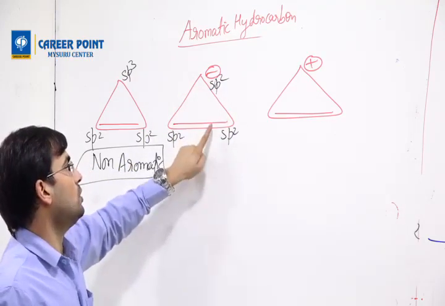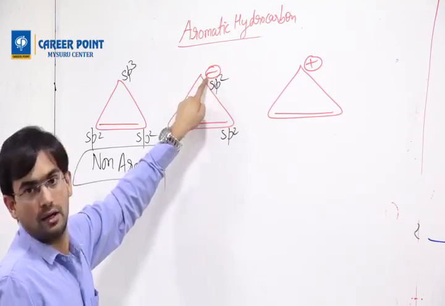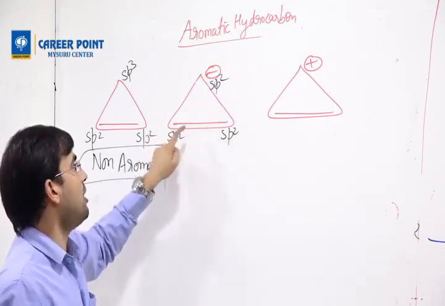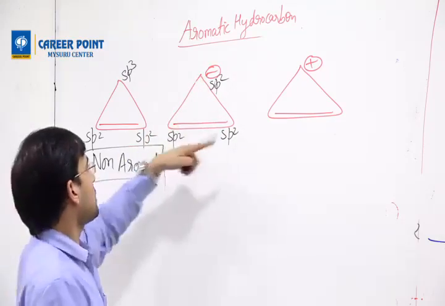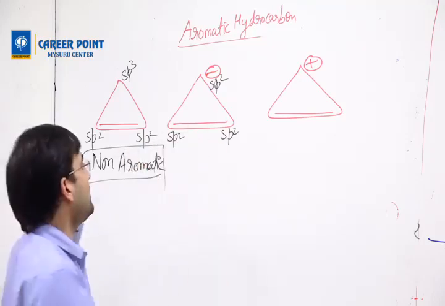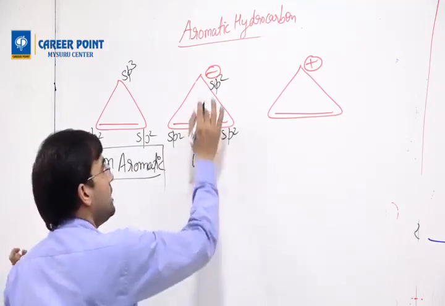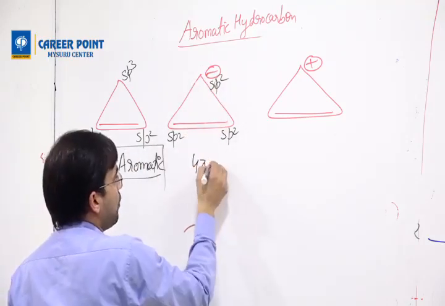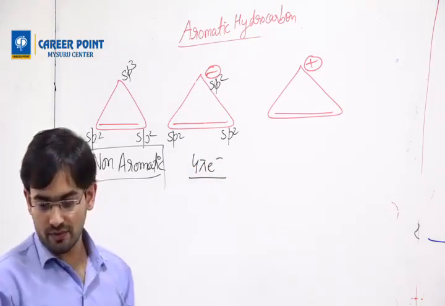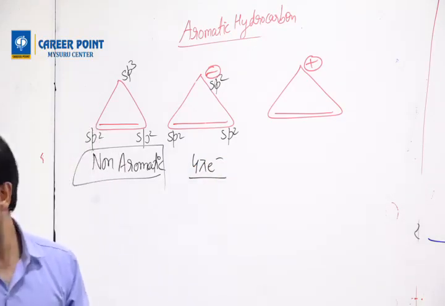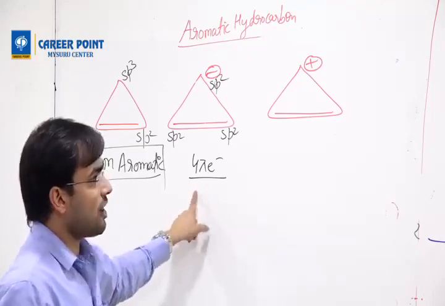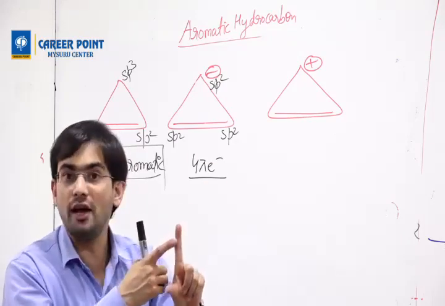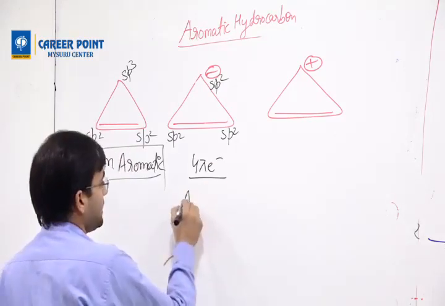Then you go double bond, single bond, negative charge, single bond, double bond. Complete delocalization. How many electrons? 2 here, 2 there, so 4 pi electrons. Once you have 4 pi electrons, 2 is aromatic, 4 is anti-aromatic.